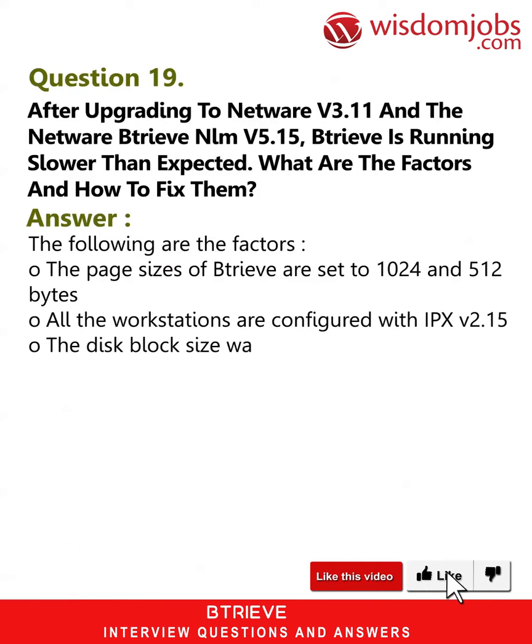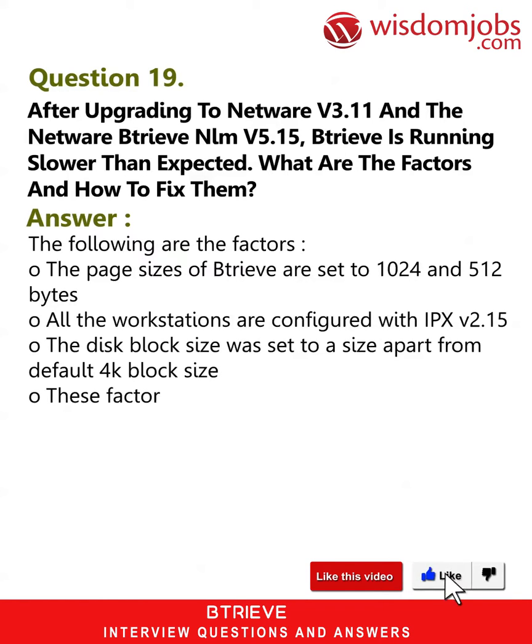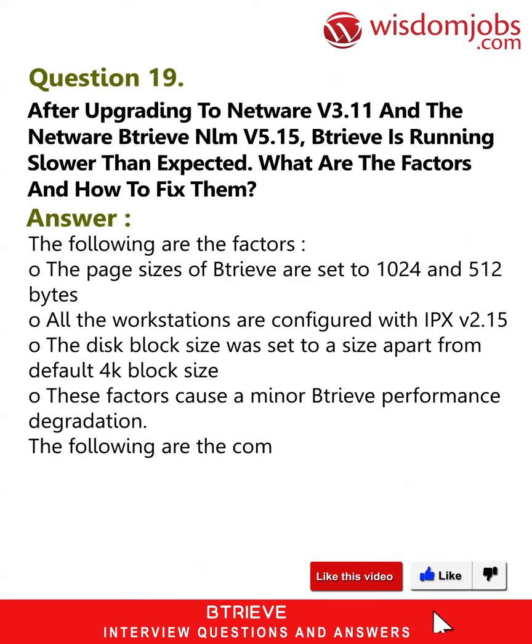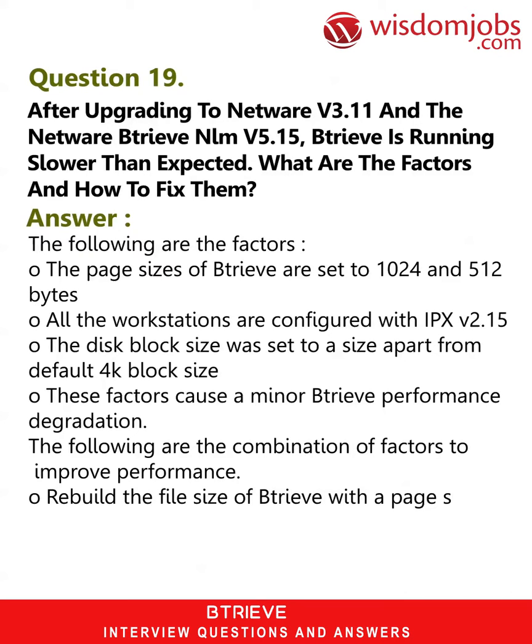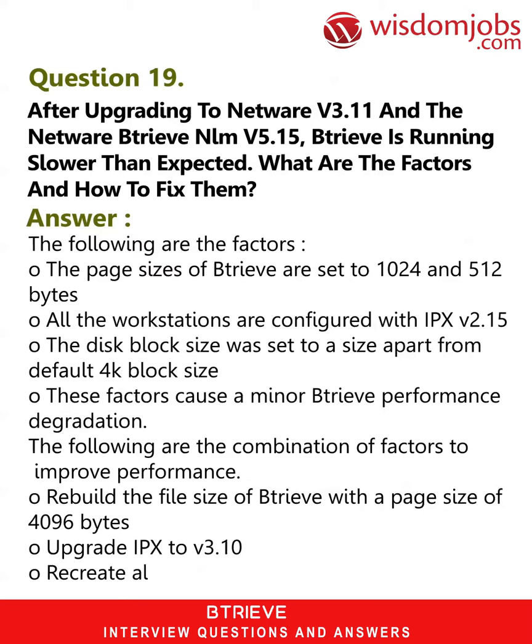The disk block size was set to a size apart from the default 4K block size. These factors cause a minor Btrieve performance degradation. The following combination of changes will improve performance. Rebuild the Btrieve file with a page size of 4096 bytes. Upgrade IPX to v3.10. Recreate all the volumes with a 4K block size.